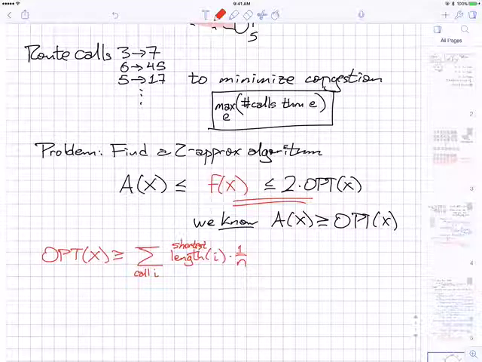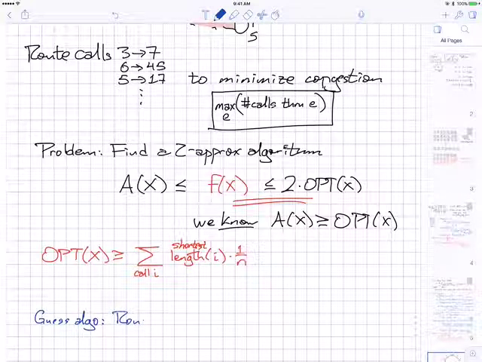I'm trying to make this up as I go, trying to get the analysis to converge with what I think the algorithm is. So maybe I should try going at this from the other direction. I'm going to guess the algorithm. So the algorithm is always route clockwise.